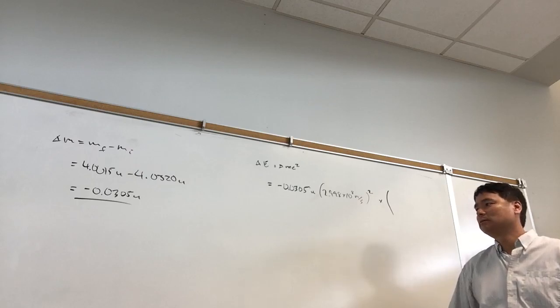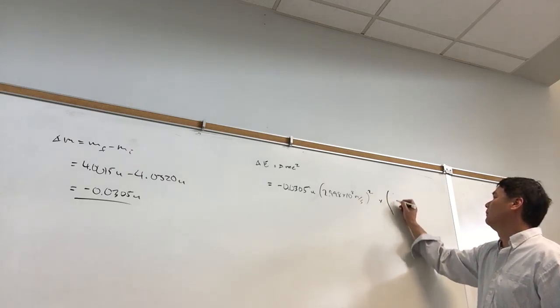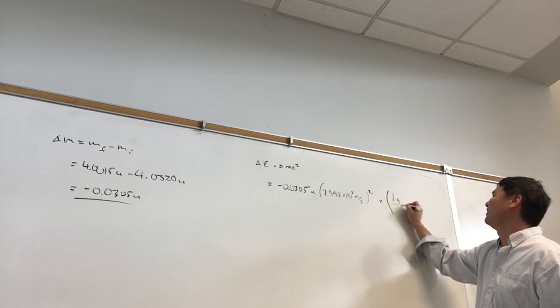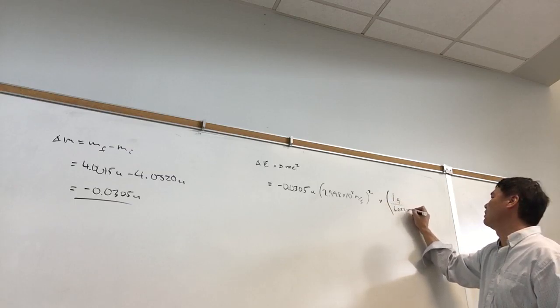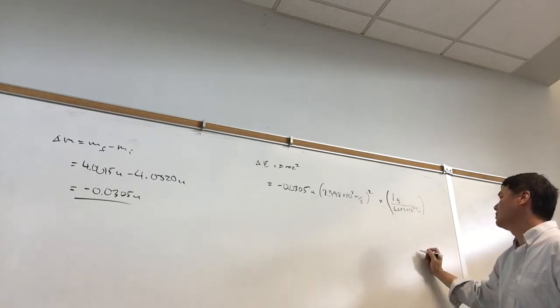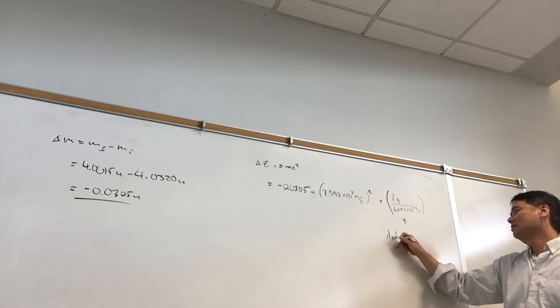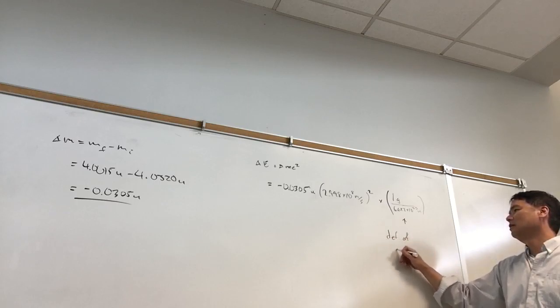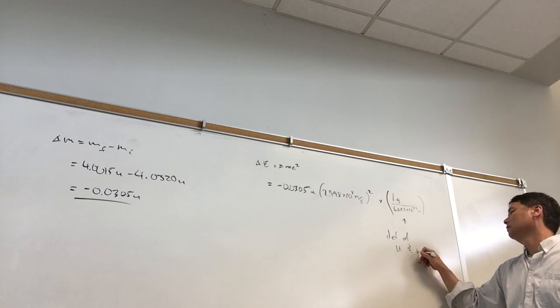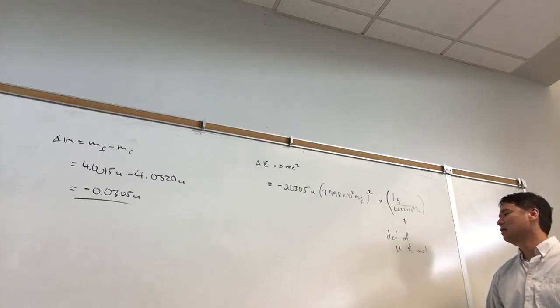Yes. So in 1 gram, there are 6.022 times 10 to the 23rd U. Where did this come from? This comes from the definition of the U and the mole. If you multiply those two definitions, you get it.